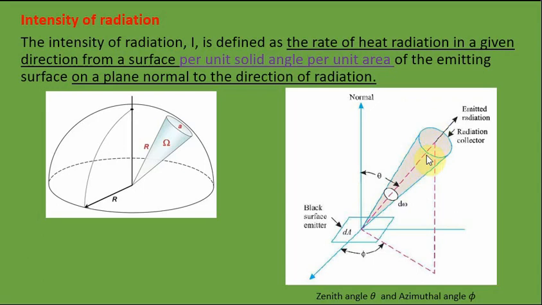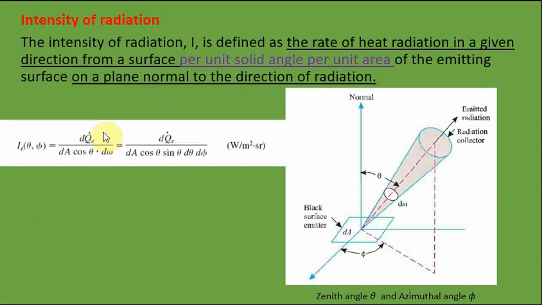So this is the direction of radiation. You consider a plane perpendicular to this one, which is perpendicular to the screen as well as this dotted line. That radiation is projecting to that surface. So the total radiation projected over that surface is called intensity of radiation.